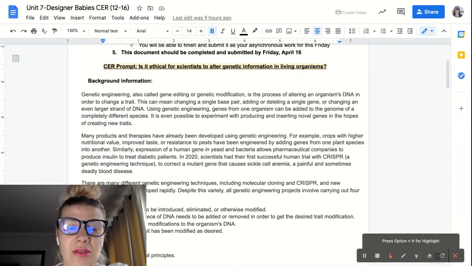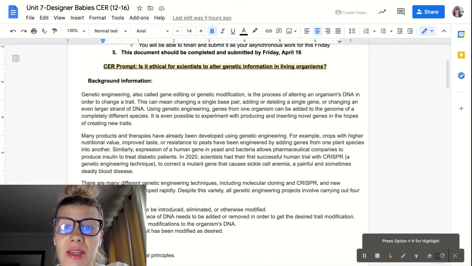So genetic engineering, also called gene editing or genetic modification, is the process of altering an organism's DNA in order to change a trait. This can mean changing a single base pair, adding or deleting a single gene, or changing an even larger strand of DNA.